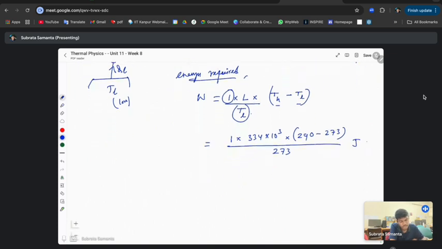So Kelvin cancels, this is Kelvin and this is also Kelvin. So it's 334 times 17 over 273 kilojoule. So this becomes 20.8 kilojoule.